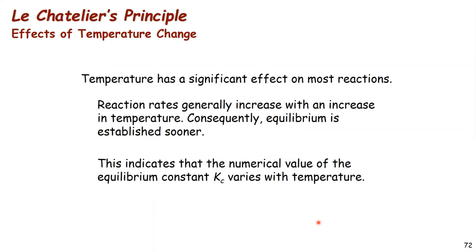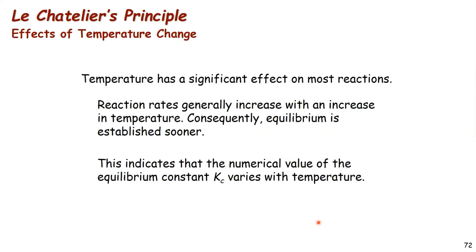But we're not specific of whether the forward rate constant increases more or less than the reverse rate constant. So if the forward rate constant increases more than the reverse, that means the equilibrium would be shifted to the products. But if the reverse rate constant is increased more than the forward rate constant, that means we're going to shift it to the reactants.